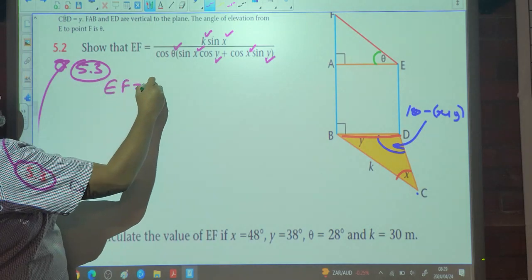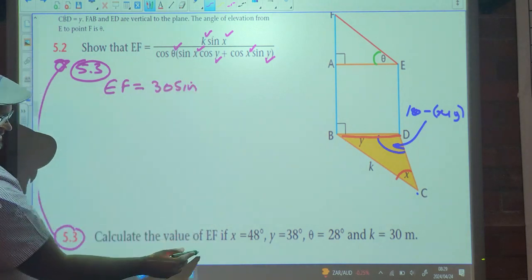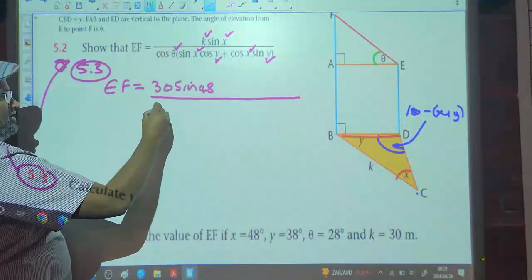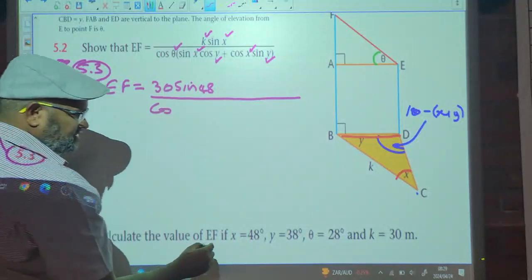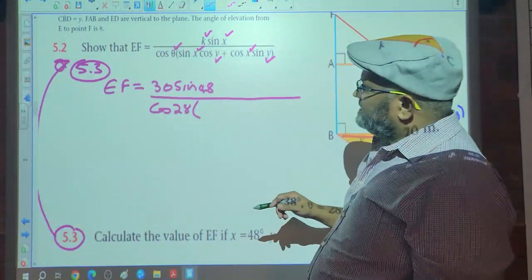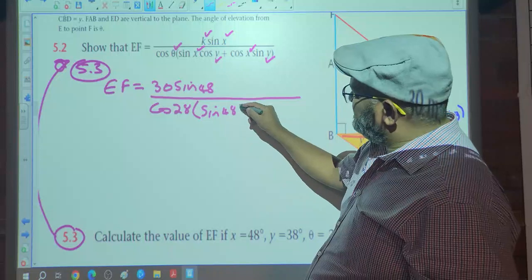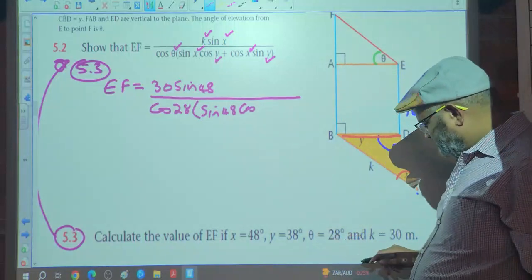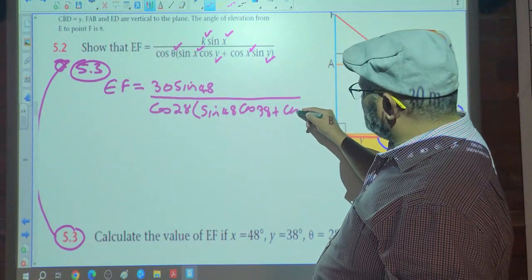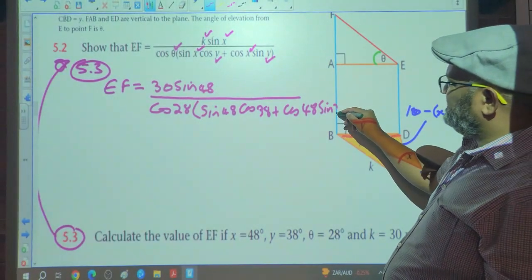So EF is equal to K, which is 30, sine X, which is 48, over cos theta, which is 28, into sine X, sine 48, cos Y, 38, plus cos X, 48, sine Y.